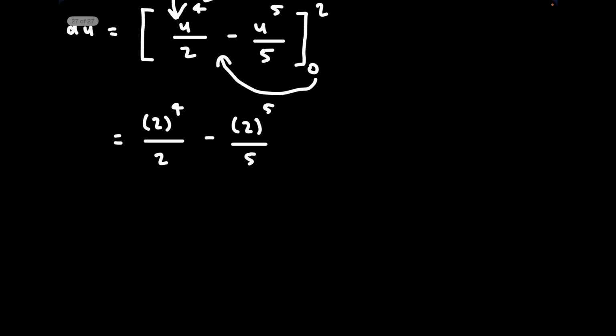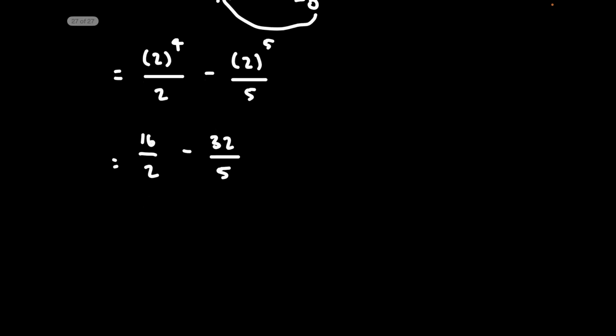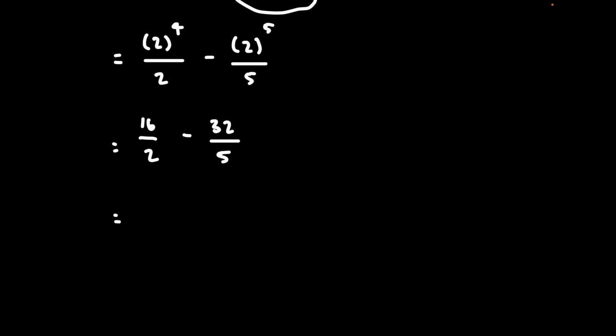So let's keep going. 2 to the power of 4 is 16 divided by 2, minus 2 to the power of 5 is 32 divided by 5. And we want to make this one fraction, so I'm going to multiply the left fraction, top and bottom, by 5, and the right fraction, top and bottom, by 2.